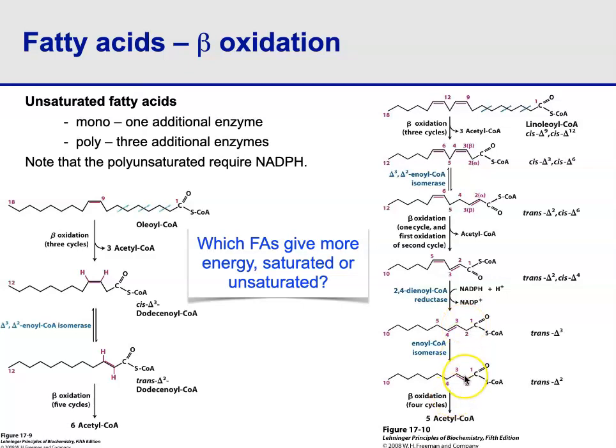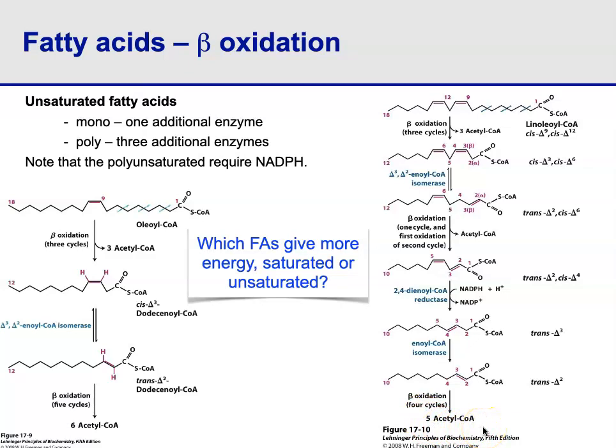Alright, when we get to this point, it fits right into the active site of the hydratase enzyme that will continue down the beta oxidation pathway and eventually release the rest of the acetyl-CoAs.